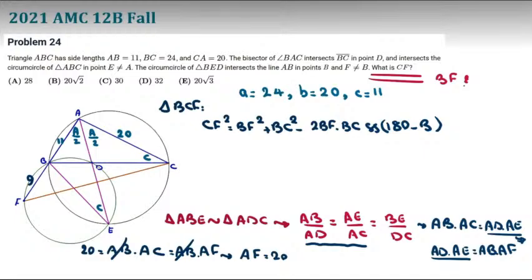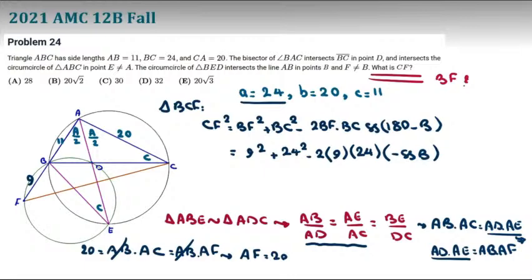So here BF squared is 9 squared, BC squared is 24 squared, minus 2 times BF, which is 9, times BC, which is 24. Cos 180 minus B is negative cos B. So this is a rule that cos alpha is negative cos 180 minus alpha, but sine alpha equals sine 180 minus alpha. Okay?